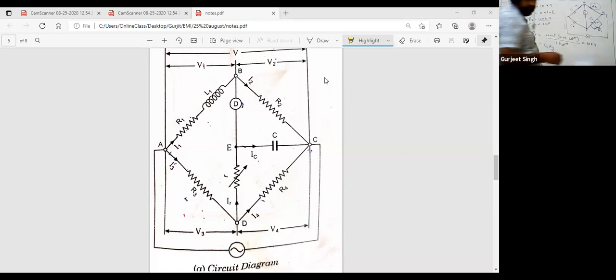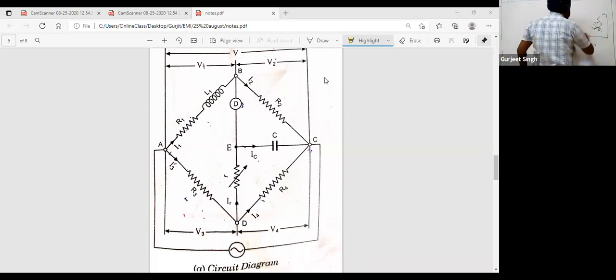So we are having a diagram here. In this diagram, this one is our resistance. Then we have our inductor.